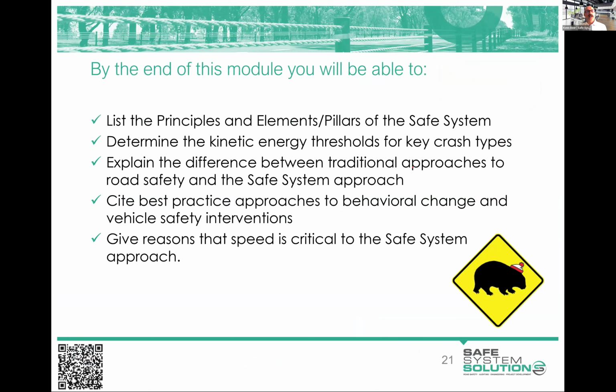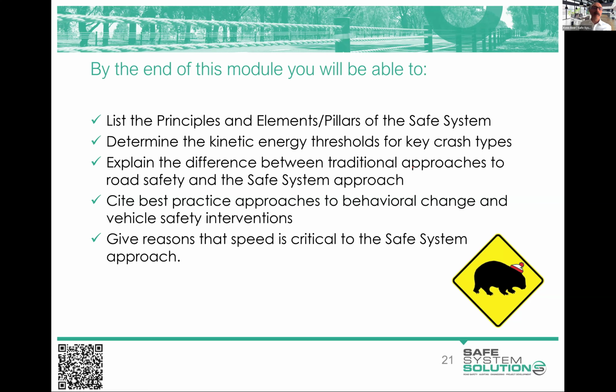By the end of this module, by the end of today's session, you're going to be able to list the principles and elements or pillars of the Safe System. We're going to start talking about kinetic energy thresholds of different crash types. We're going to compare the traditional approach to road safety with the Safe System approach, so you understand that difference.